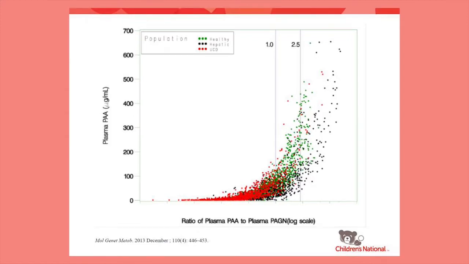So they did a study, right? On here they have the comparison of plasma PAA, which is phenylacetate, on this side, and then over here is the ratio of plasma PAA to plasma phenylacetylglutamine. So in other words, the phenylacetate is getting converted to phenylacetylglutamine.